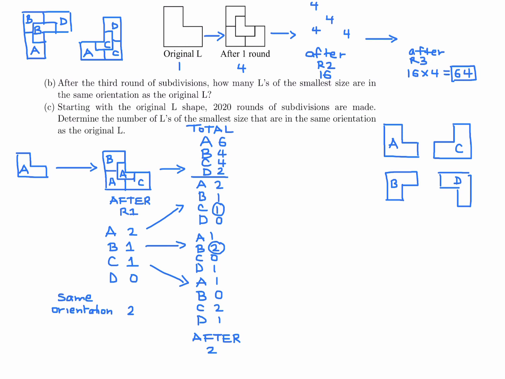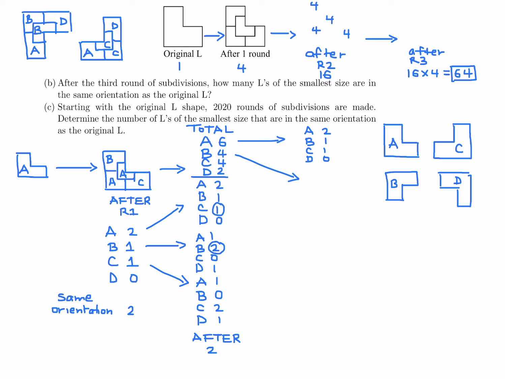Okay, now let's do the same thing for A, for B, for C, and for D. For A, well, we do the same thing. A always goes to 2, 1, 1, 0. So I can write it here, A, B, C, D, 2, 1, 1, 0.